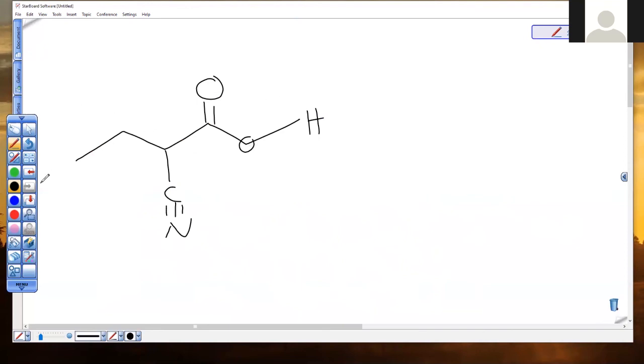So this carboxylic acid is beta to a cyano. How do I know? Well, alpha is the position 1 away from the carbonyl. This carbon is beta and it's a cyano. So in this one, you're going to get this.